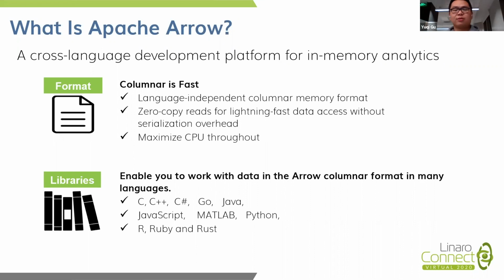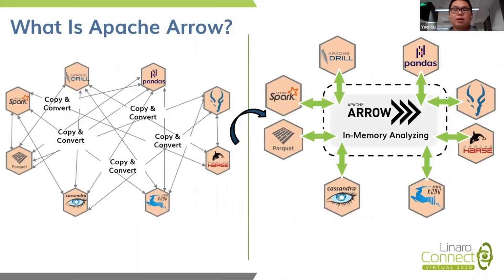Arrow columnar is fast. Arrow can enable you to work with data in Arrow columnar format in many languages that support many libraries. You can see the picture showing the slides. All systems utilize the same memory and format, with no overhead for cross-system communication.